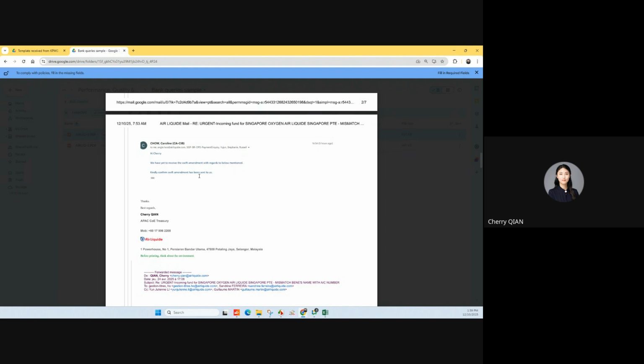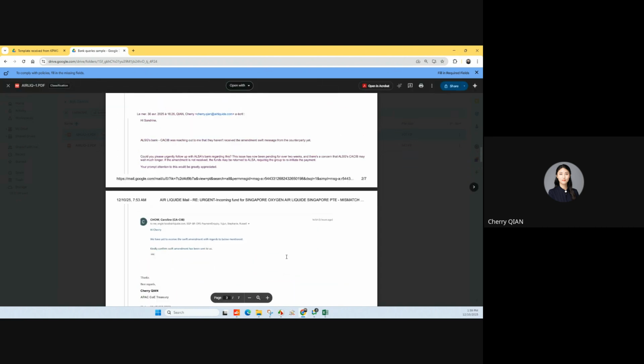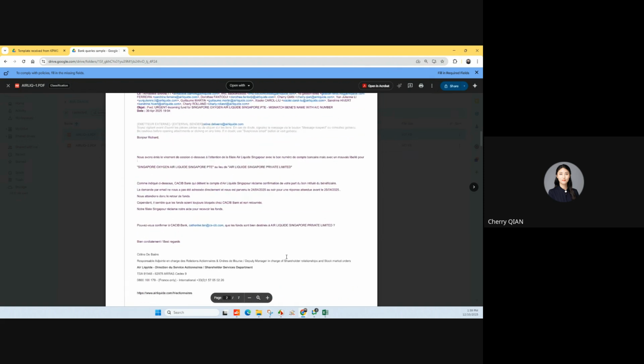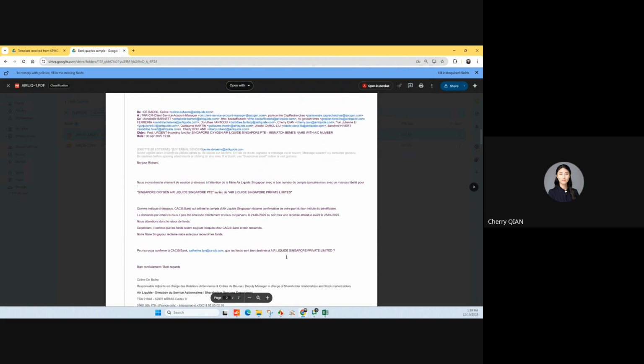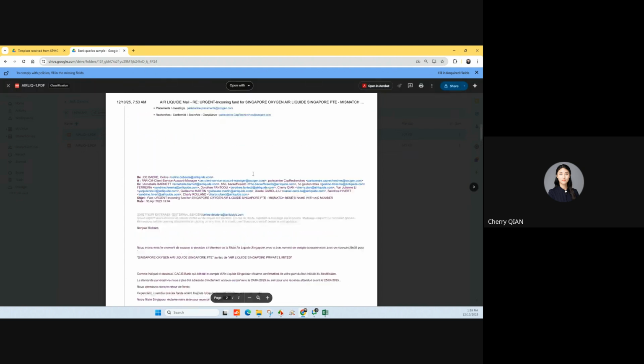So when the bank side sees this amendment and confirmation of the names, they're going to be okay with that. So that is how we deal with those kinds of queries when you receive them from the bank.